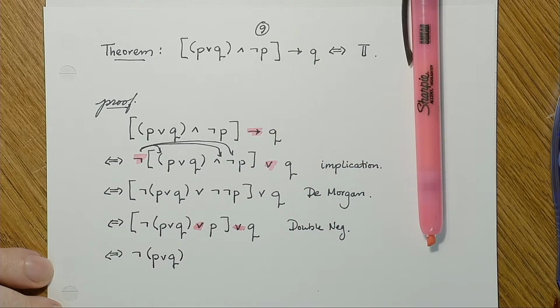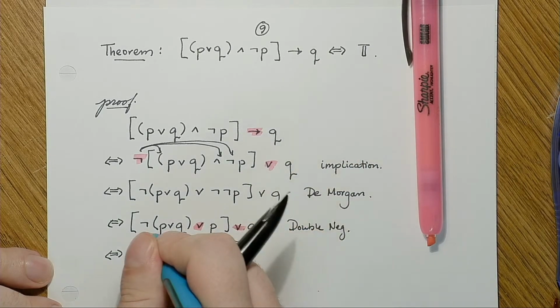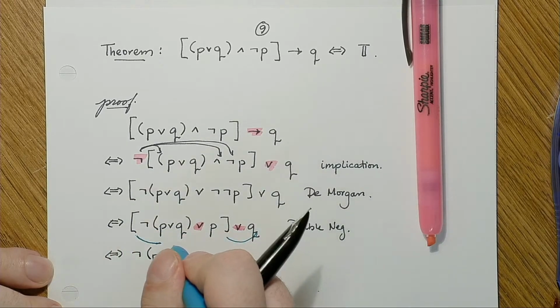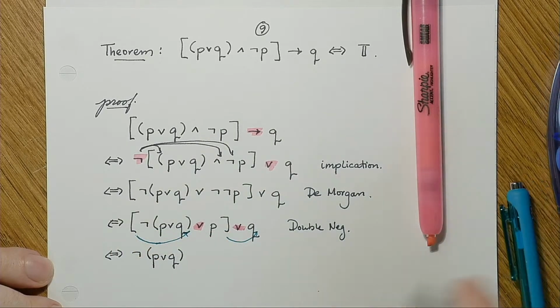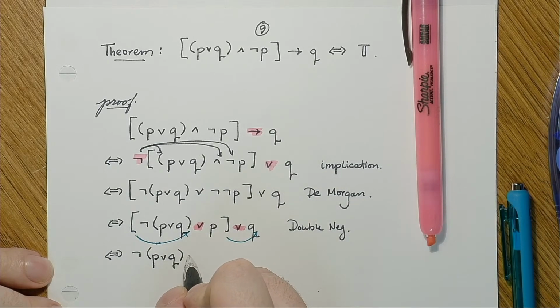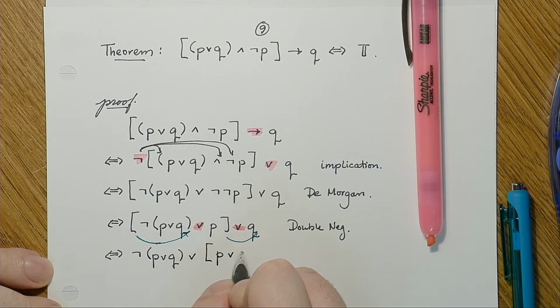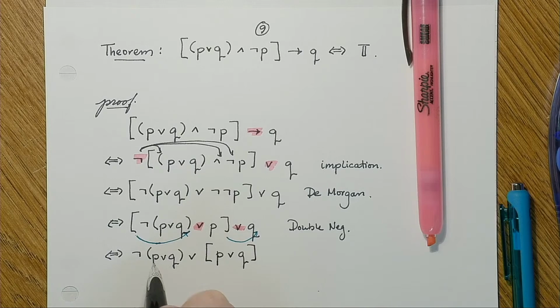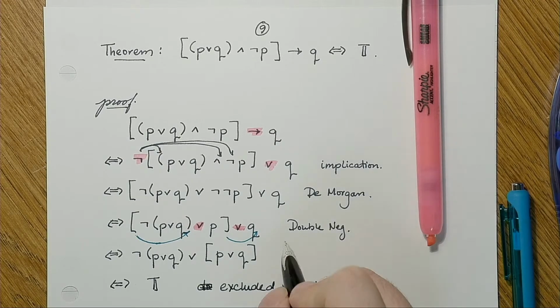So I have the not P or Q, or I'll have the bracket P or Q. I have a negation here, so you can think of that as not P or P, and that is a tautology by the law of excluded middle. And by shoving these brackets, that's the associativity.